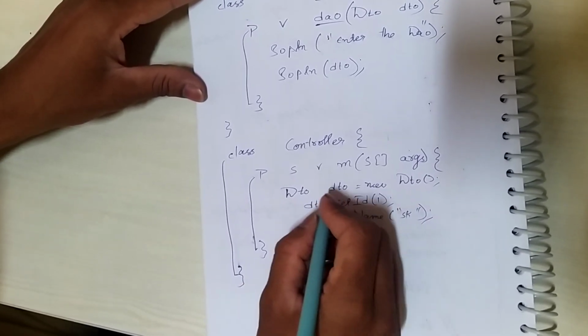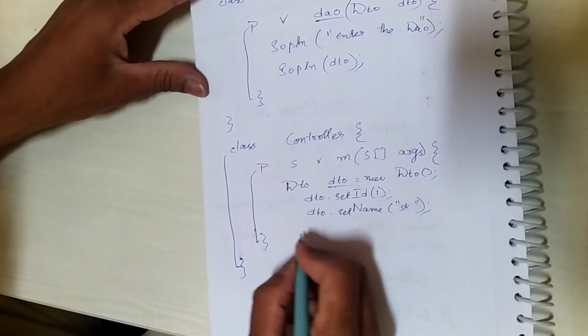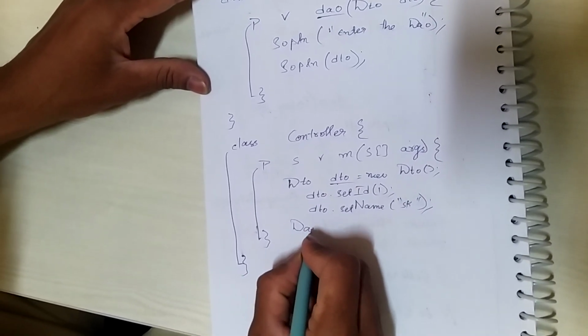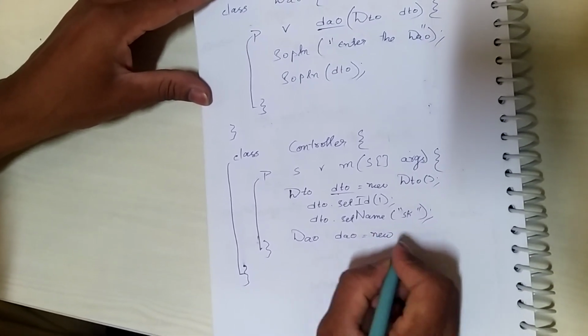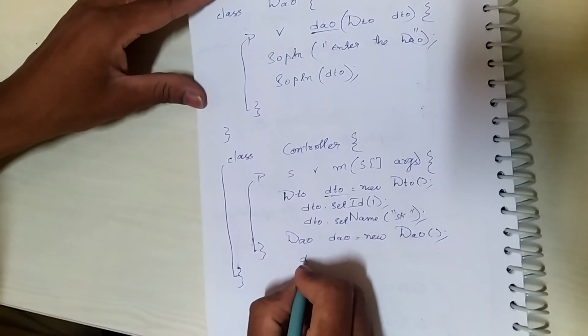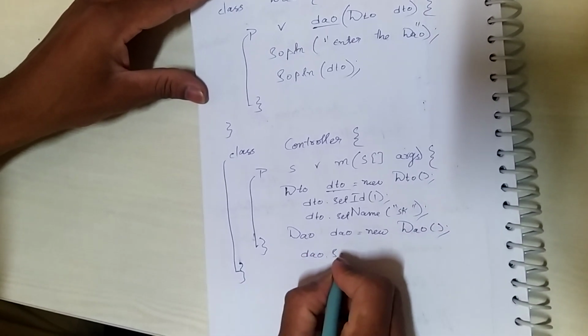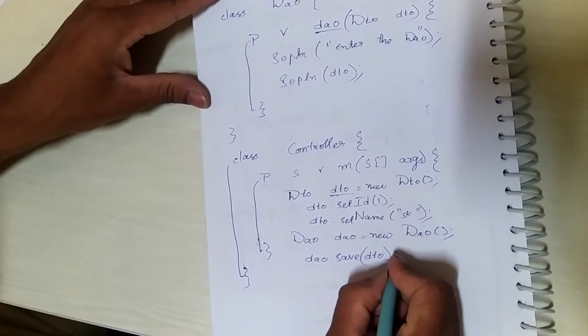After collecting the data using the DTO object, we have to send this DTO object to the DAO layer by creating a DAO object, new DAO. Now we will call the DAO save method, dao.save of dto.